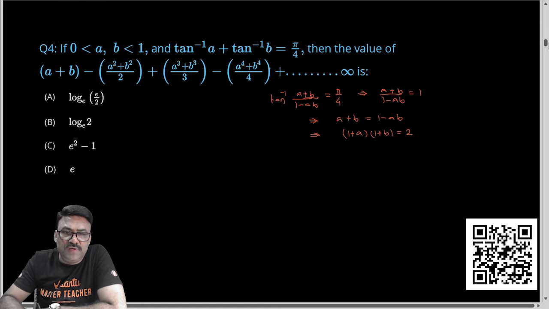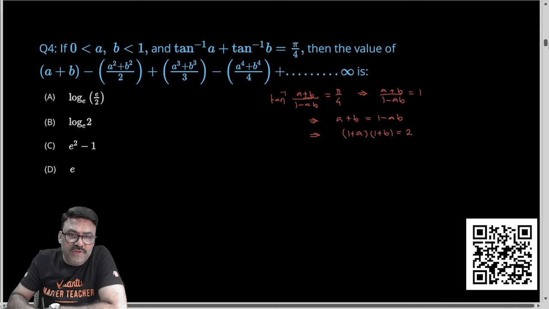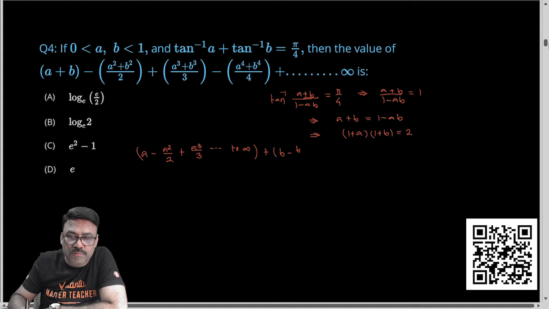Now see this series. It can be written as A minus A square by 2 plus A cube by 3 up to infinity, then B minus B square by 2 plus B cube by 3 again up to infinity.